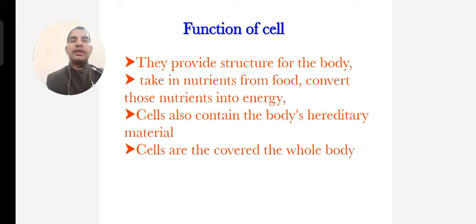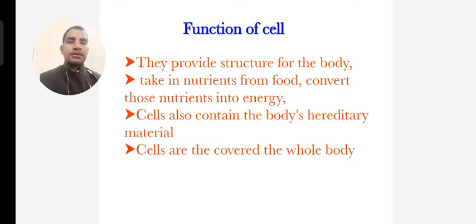Now, the various functions of the cell. Cells provide structure for the body, take in nutrition from food, and convert those nutrients into energy. Cells have various functions like cell division, cell growth, and other activities.